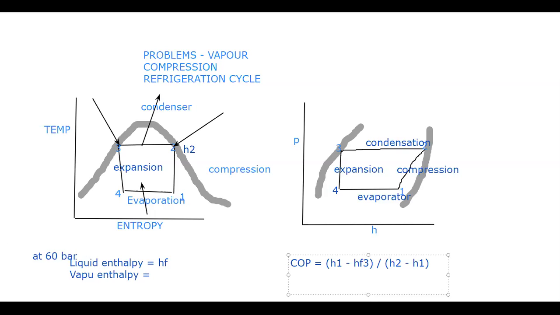Now the next part of the question is, what is the capacity of the refrigerator, the heat extracted per kg of the refrigerant? Capacity of the refrigerator means, see, there is an evaporator, right? How many tons of refrigeration effect is that evaporator creating?